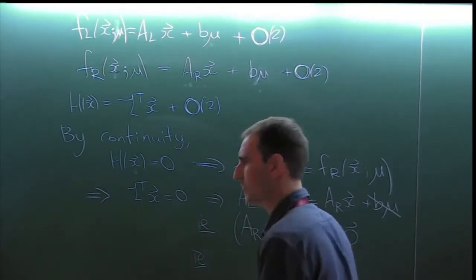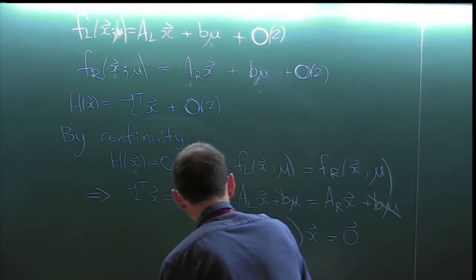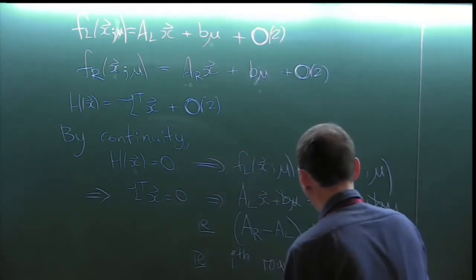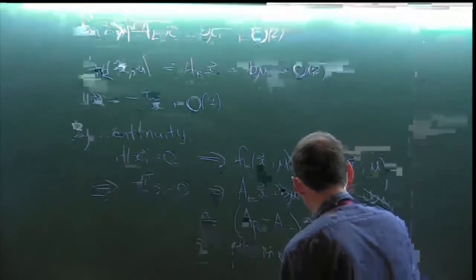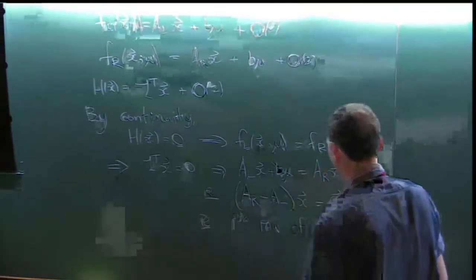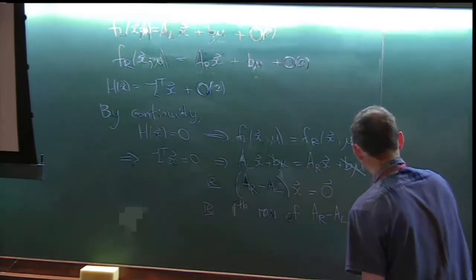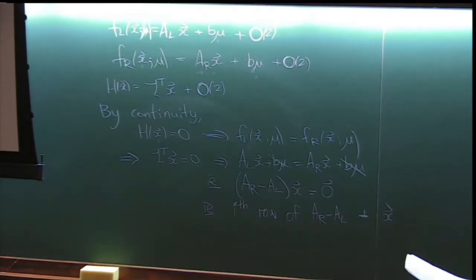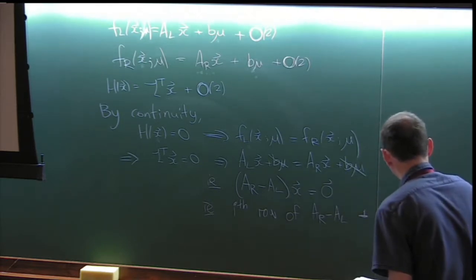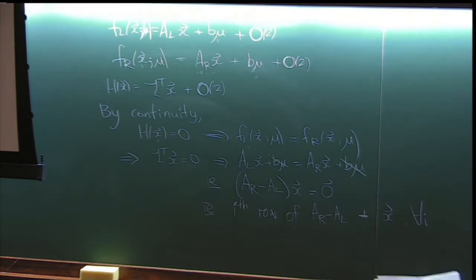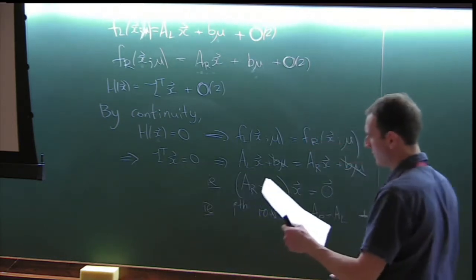So I'll write the ith row of AR minus AL is orthogonal to x. And this is for every row, so for all i from 1 to n.